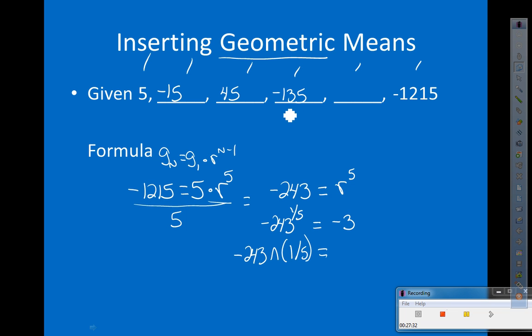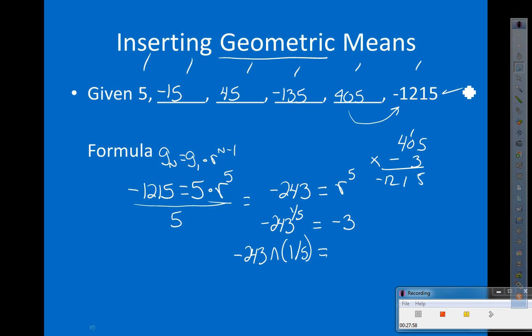Negative 135 times negative 3 looks like positive 405, I think. Check my math. And if I multiply by negative 3 one more time, I need to get that. And 405 times negative 3 is negative 1215. So I know I'm right.